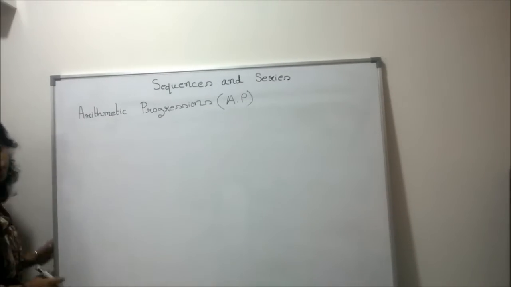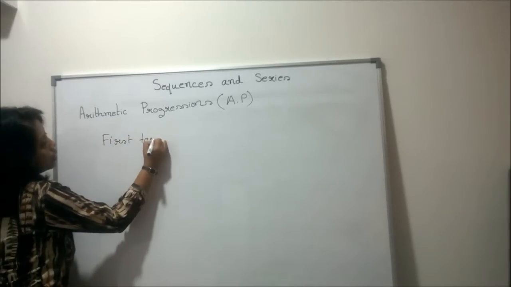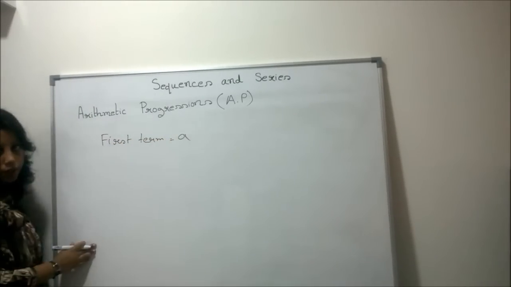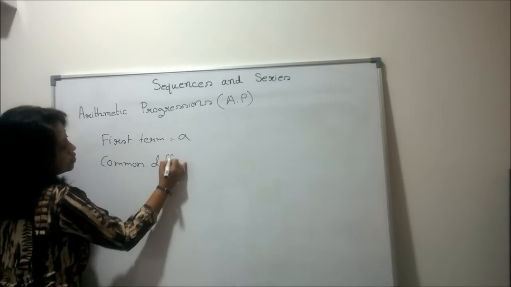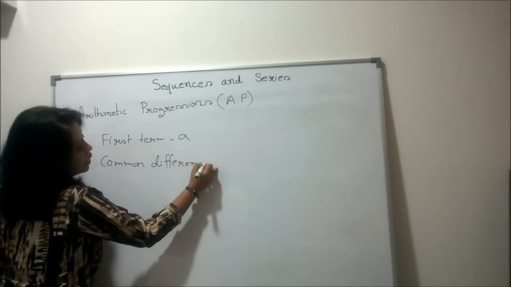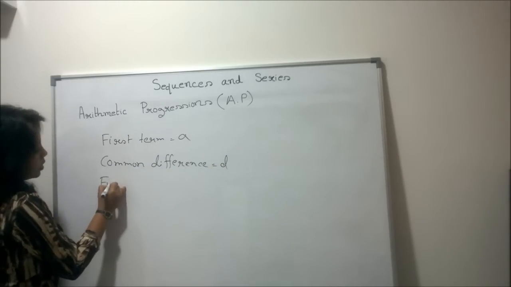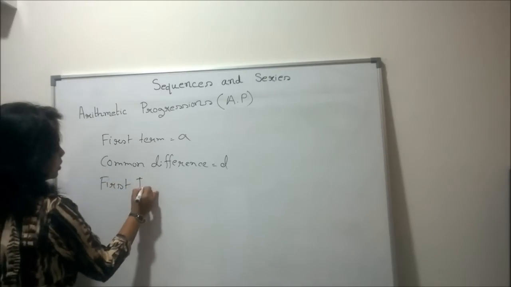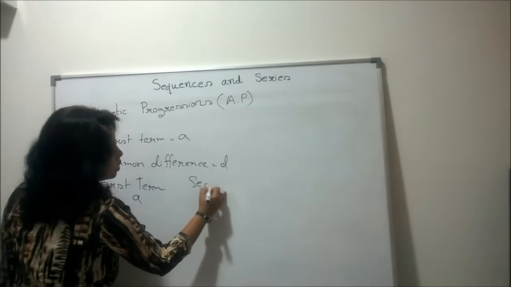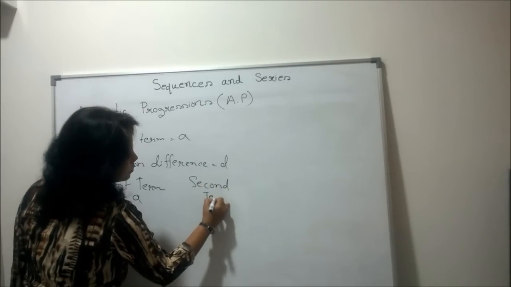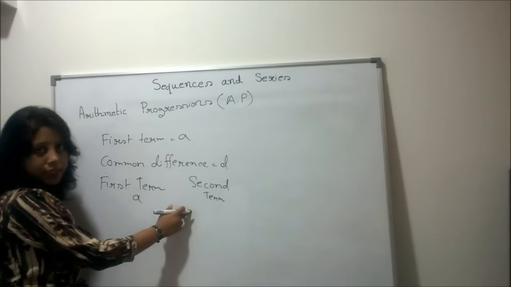Now let us take a sequence with first term A and common difference D. So the first term will be A. What about the second term? How much difference is there? D difference.